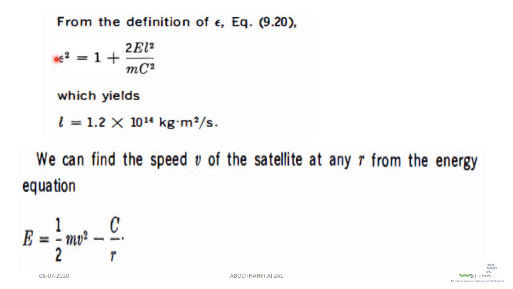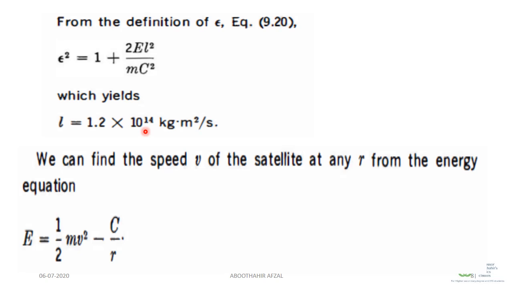The value of epsilon, which was found from the previous slide, is put here, and then L is found to be 1.2 × 10⁻14 kilogram square per second. So the angular momentum of the satellite is found to be 1.2 × 10⁻14 kilogram square per second.